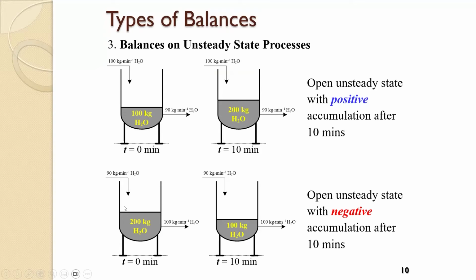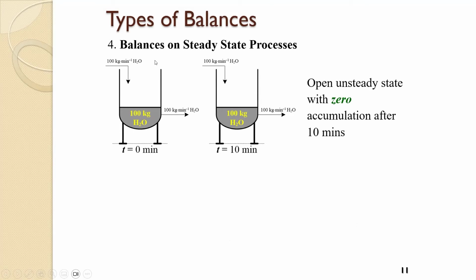If initially you have 200, after 10 minutes it's negative 10 times 10 minutes, it's negative 100. So if initially you have 200 kilograms, deduct 100 from it, what will be left in the tank is 100 kilograms of water. Okay? And this one is what you call the negative accumulation.